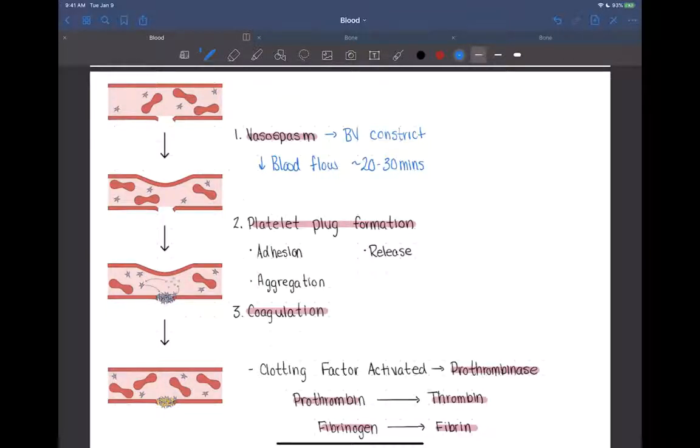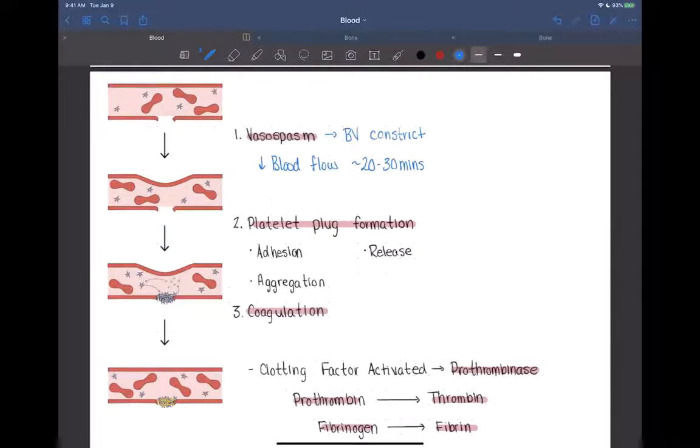It happens in response to damage to the endothelium, which we were just talking about. So if that endothelium is damaged, that will trigger vasospasm, the blood vessel to constrict. If the smooth muscle in the wall of the blood vessel is damaged, so that would be a very deep wound, that would cause it to constrict as well.